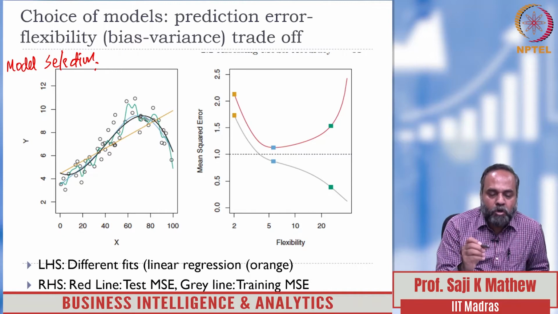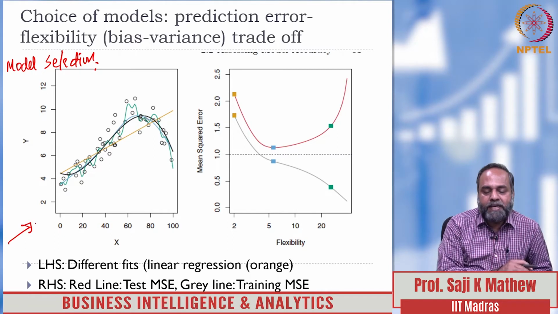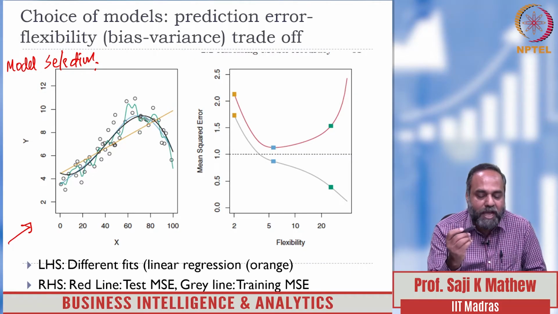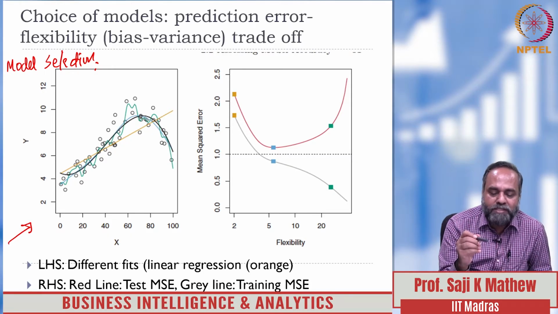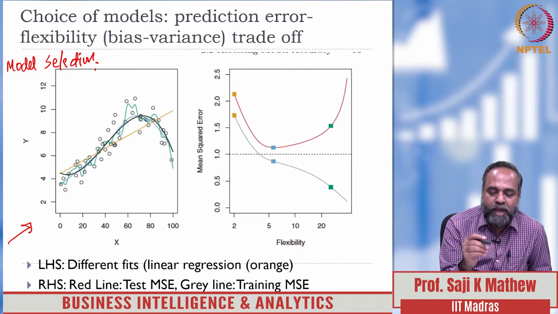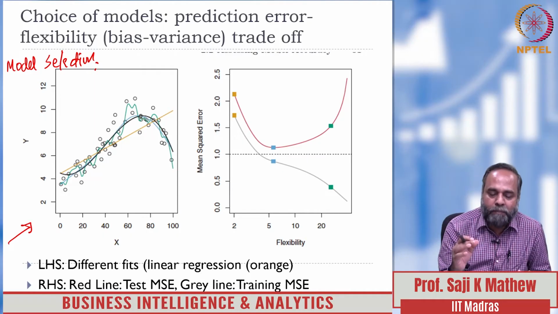Let us closely look at the diagram on the left side. Again this is simple linear regression, y equals f(x), with x on the x axis and y on the y axis, and then there is a scatter plot. So you put all the x, y points in the plane, and you can see how they are distributed.